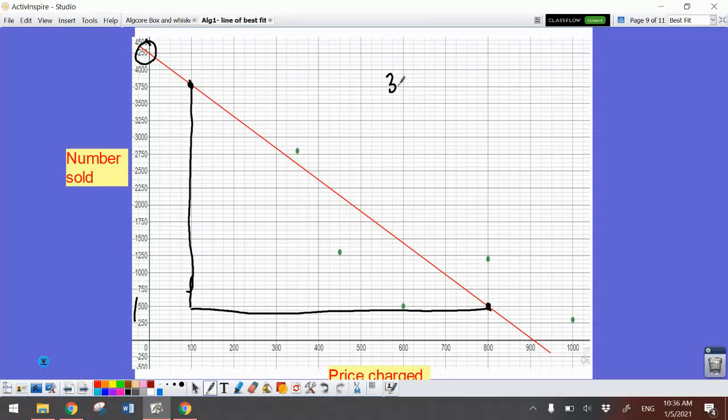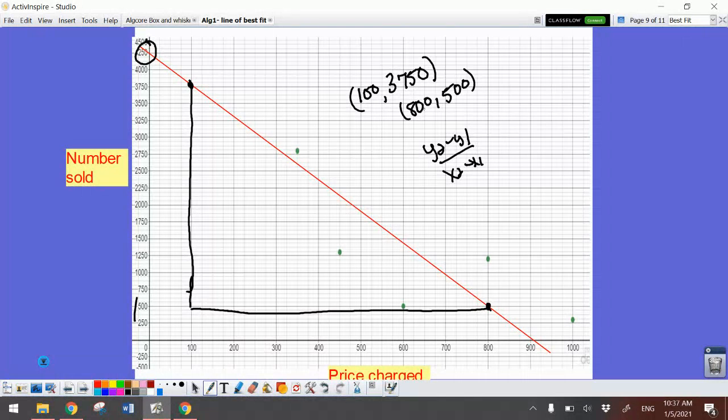And if you want to do this with two ordered pairs instead, so find two ordered pairs on your line, then make sure that you're using y2 minus y1 and x2 minus x1 to find your slope. Okay? So this point would be 137.50, and this point would be 800 and 500.